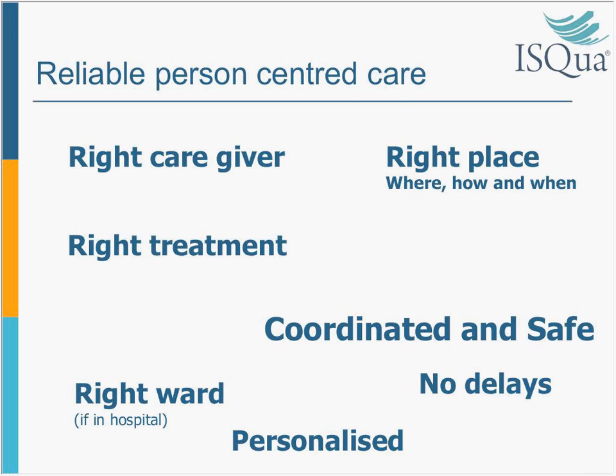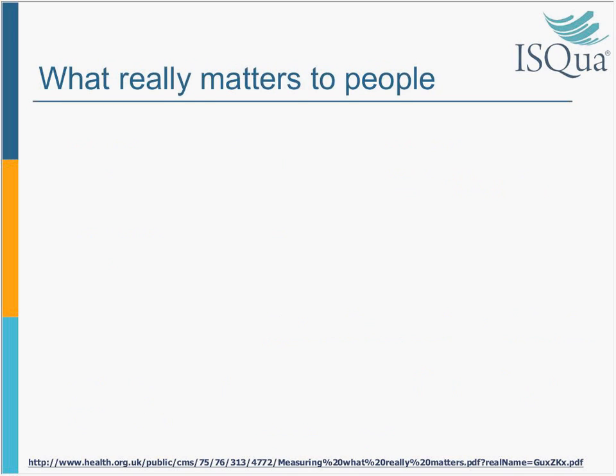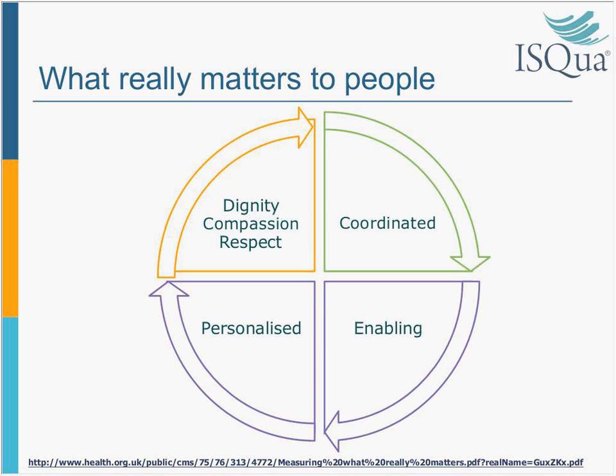Now, what puzzles me is that we don't do that. I put up this model here from the Health Foundation, which really summarizes it, and comes from a paper by Alf Collins, which you can download, on coordinated, enabling, personalized care, with dignity, compassion, and respect. That really matters to people.